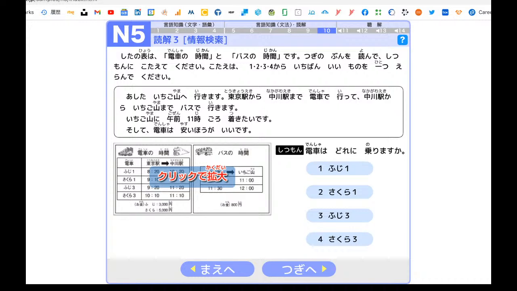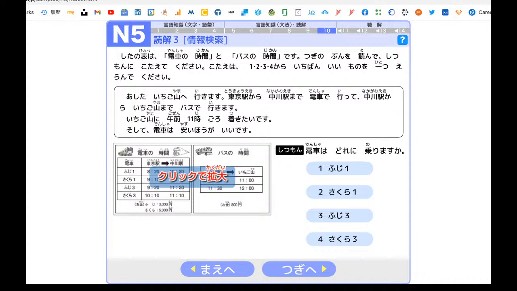明日、いちご山へ行きます。So you need to go to いちご山。東京駅から中川駅まで電車で行って、中川駅からいちご山までバスで行きます。From Tokyo Station to Nakagawa Station, you will take train.